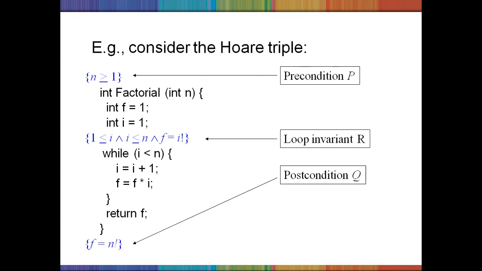Here is a simple factorial program written with precondition, postcondition, and a loop invariant. Here the precondition is that the passed n value should be greater than or equal to 1, because the factorial can be calculated for the elements which are greater than 1.